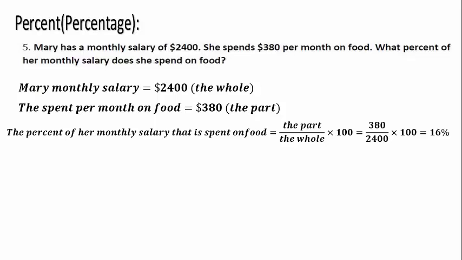Percent or percentage. Number 5. Mary has a monthly salary of $2,400. She spends $380 per month on food. What percent of her monthly salary does she spend on food?